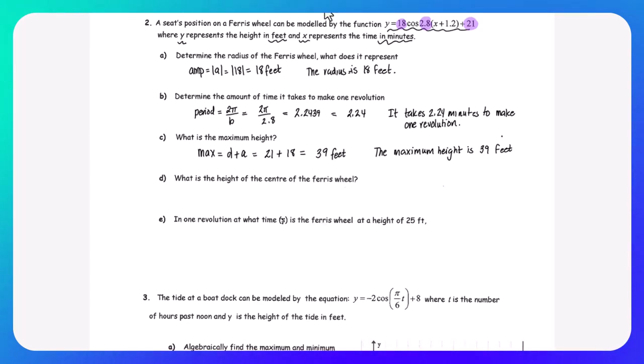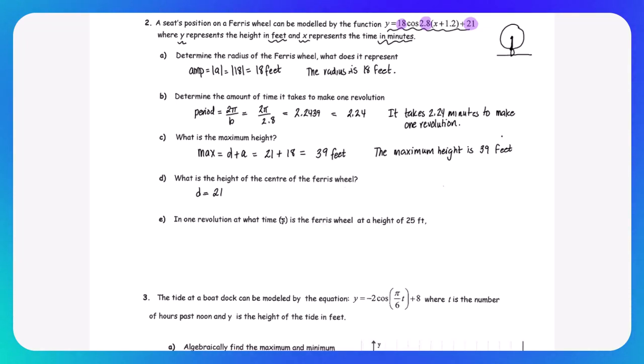The next part is, what is the height of the center of the Ferris wheel? Well, remember that the center of the Ferris wheel, if we want to draw these things out a little bit, the center right there is going to be whatever the minimum height is, plus the radius, or in other words, the D value, which is in this case already given to us by our formula, which is 21.